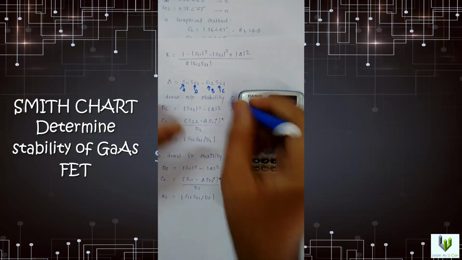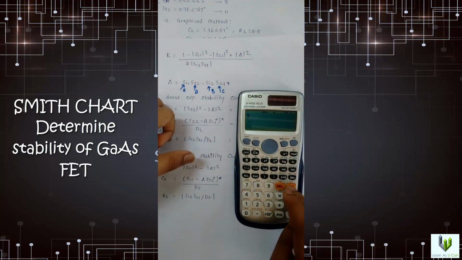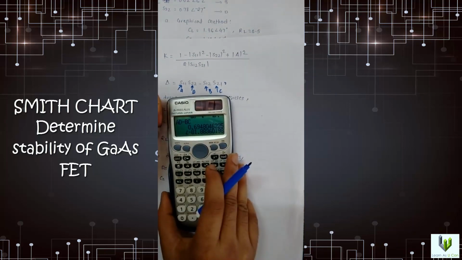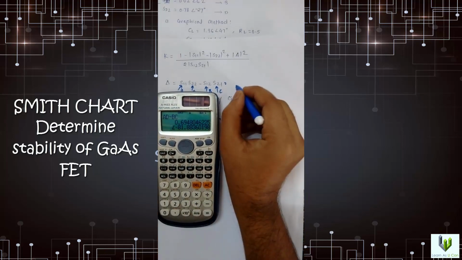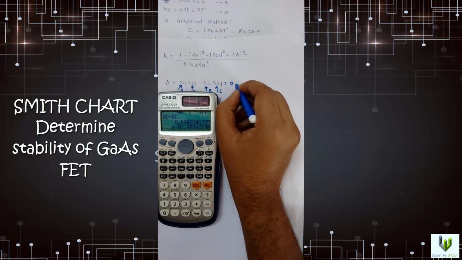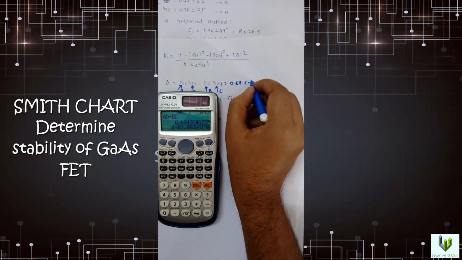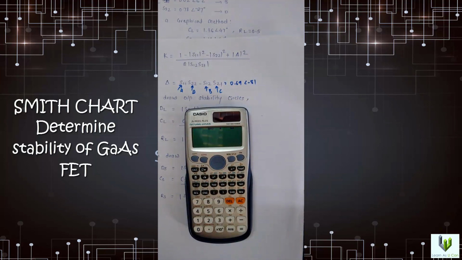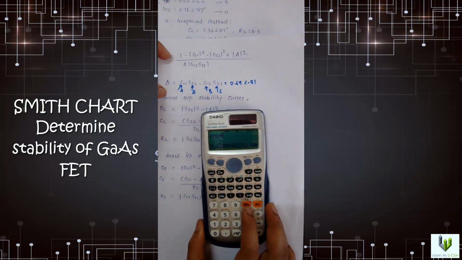This is our required delta, 0.69, shift store to E. I have stored it into E.